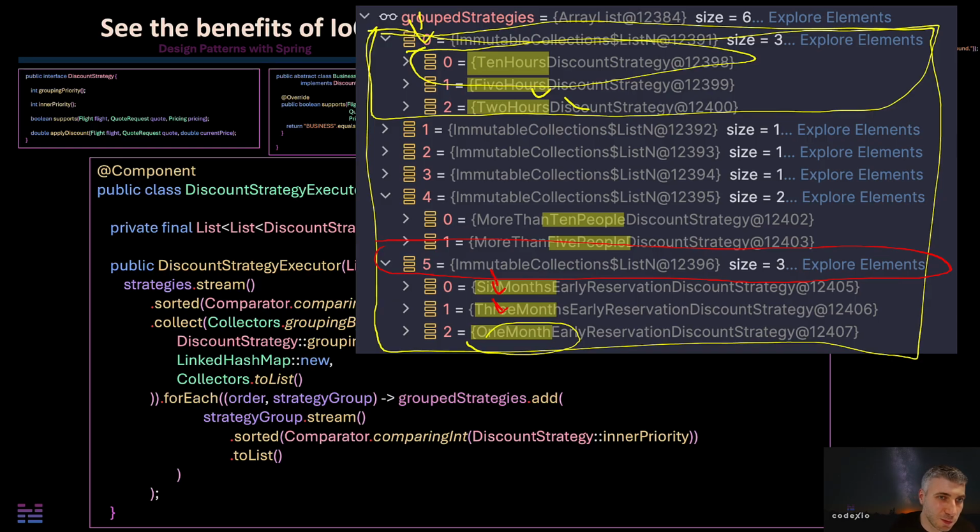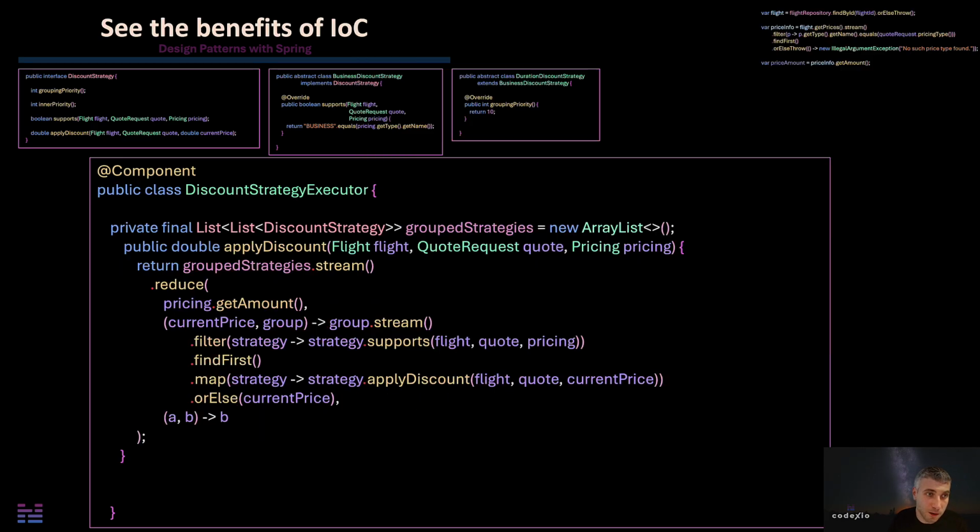But each of the groups should be tested and probably executed at most one rule. How do we do that? Well, we need to go through all the grouping strategies. And what we need to do there is to find only the first one that is supported by each group and apply its discount.